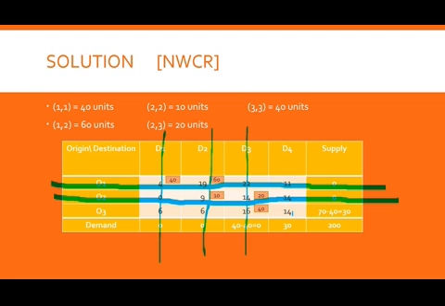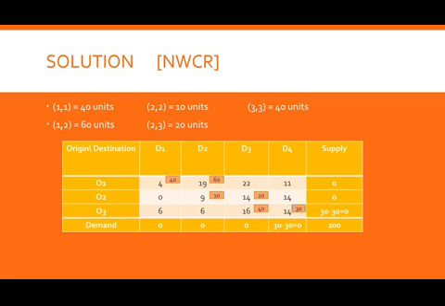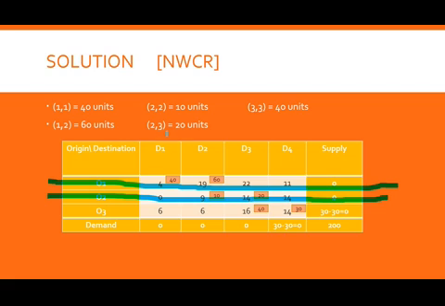So how much allocation can you make? As we see, the supply and demand will match. This row gone, this column, and this column is gone. I'm left with the supply of 30 and demand of 30.